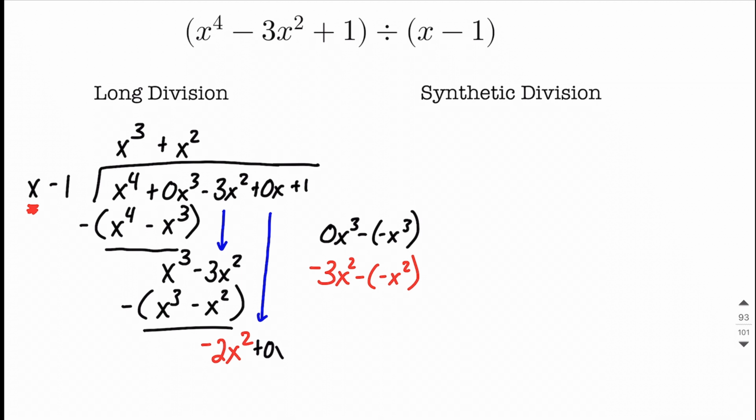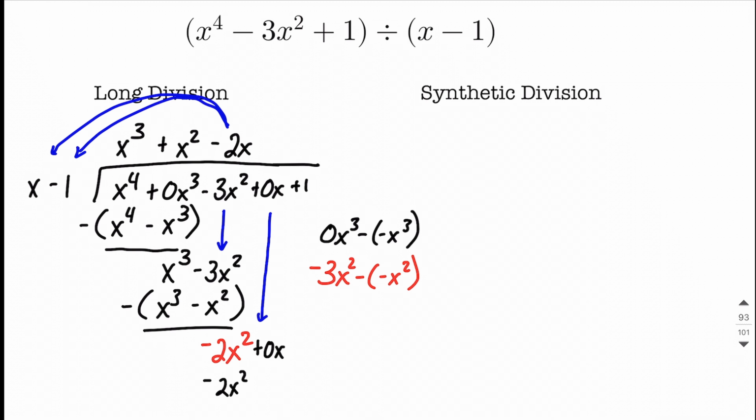So plus 0x comes down. And then we think to ourselves, the very first term, the x up here, multiplied by what gives us -2x squared? And that's going to go up top. -2x multiplied by x is going to give us this -2x squared. Again, don't forget it gets distributed to both of these.